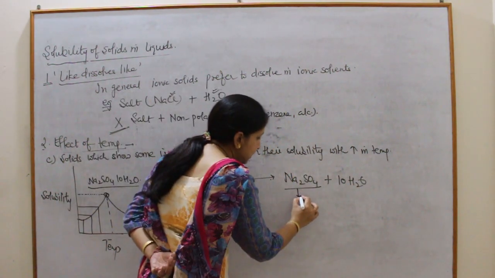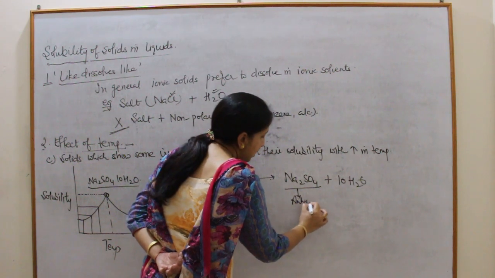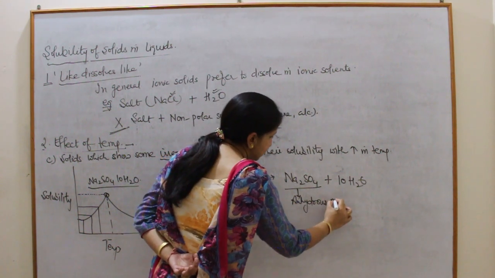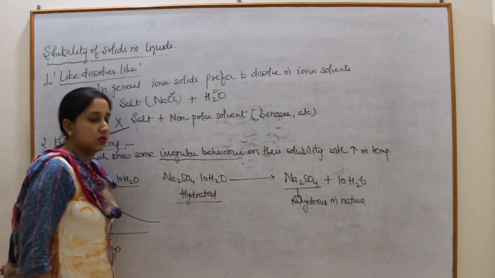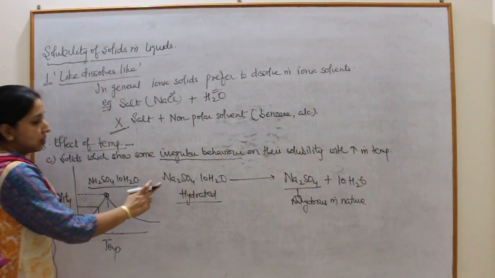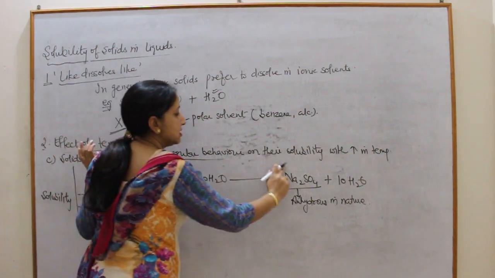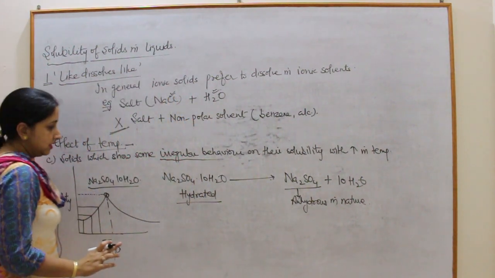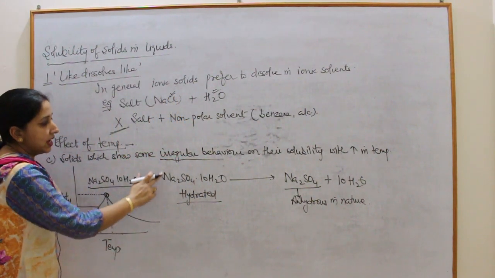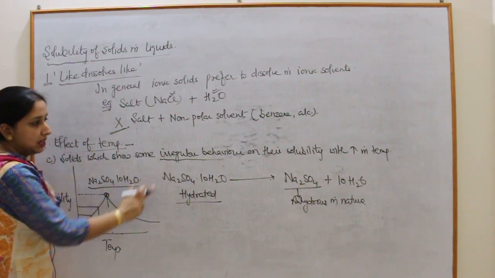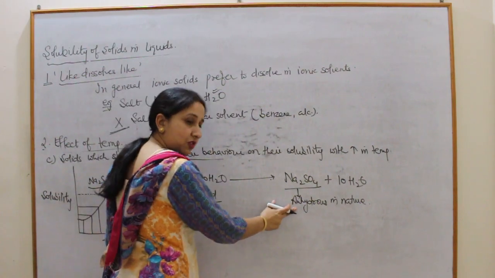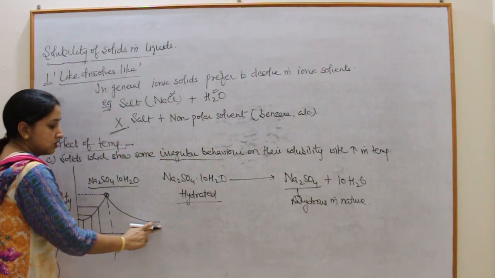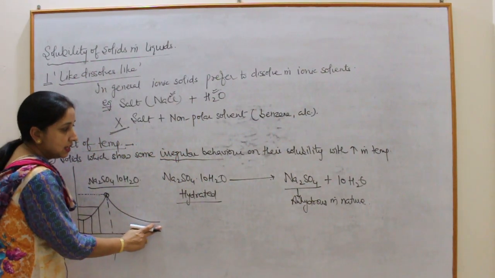So now it is anhydrous in nature. Anhydrous means it has no mole of water. Now this solid is changed into a different solid. So that is the reason why they show irregular behavior. After the change from hydrated to anhydrous form, its solubility goes on decreasing with the increase in temperature.